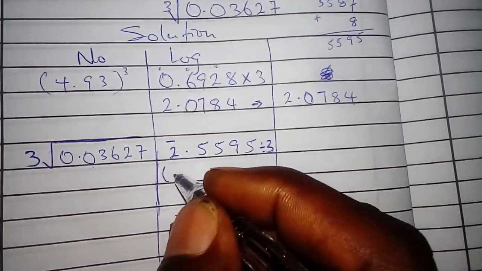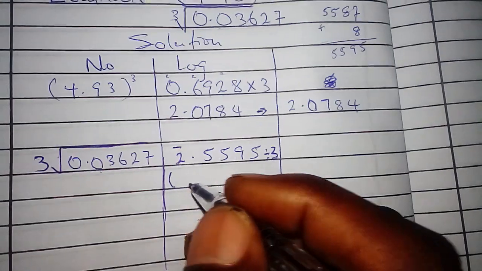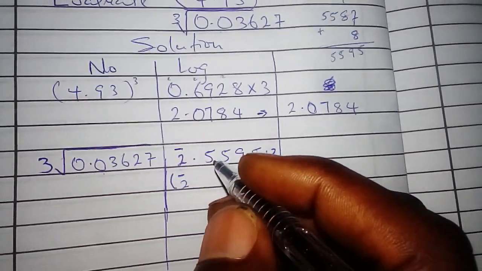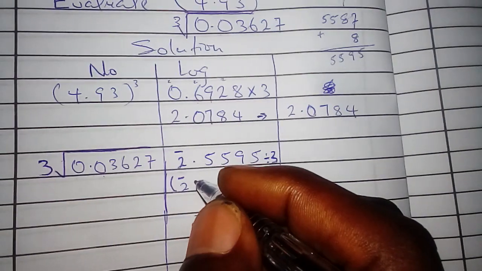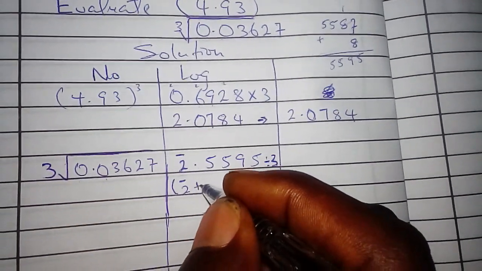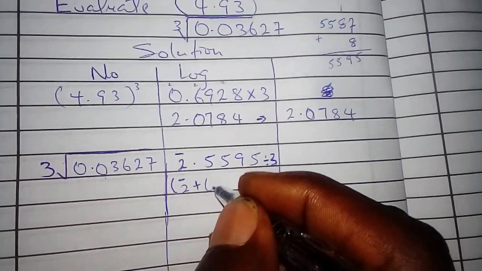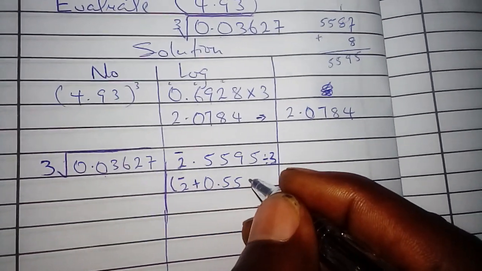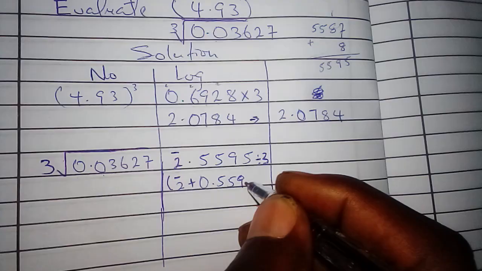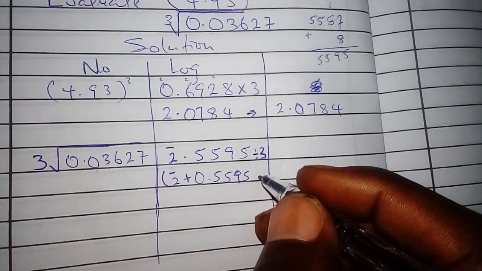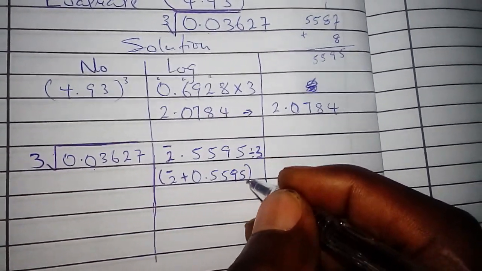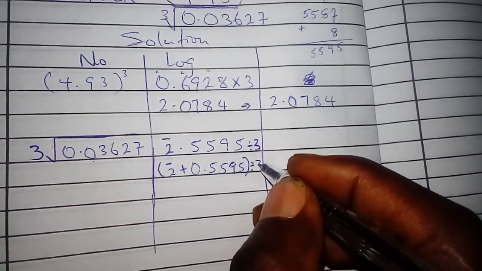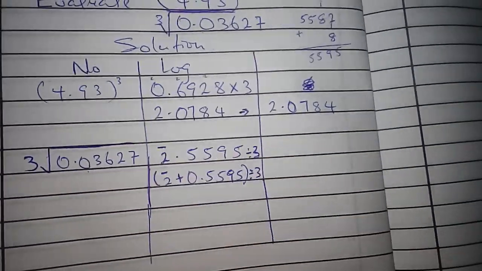So open bracket, we put our bar 2, then plus 0.5595, close the bracket, divided by 3.